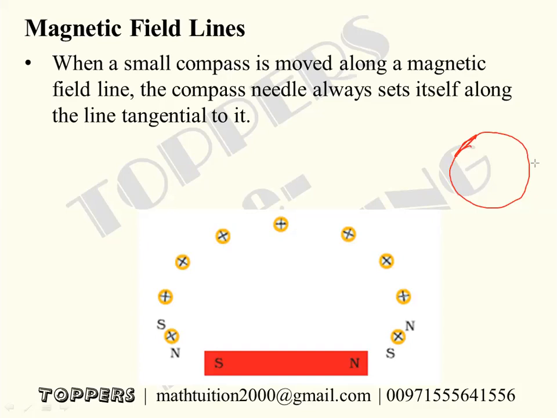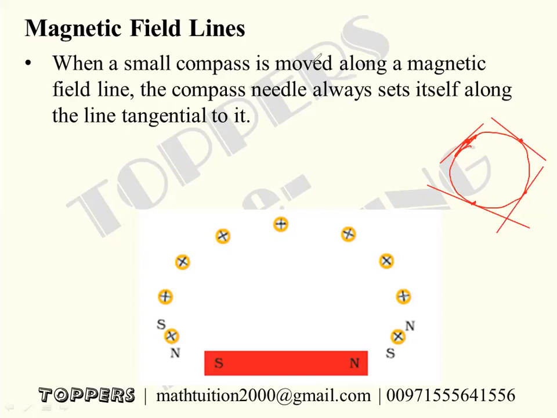At this point, we can draw a tangent like this. The tangent means a line that touches the curve or circle at only one point. Such lines are known as tangents. So this is a tangent to the curve.